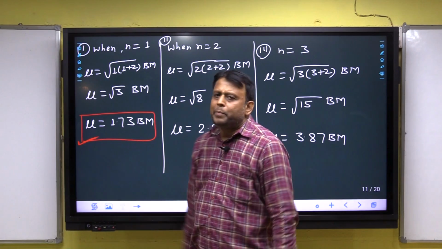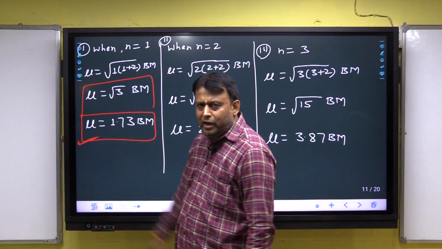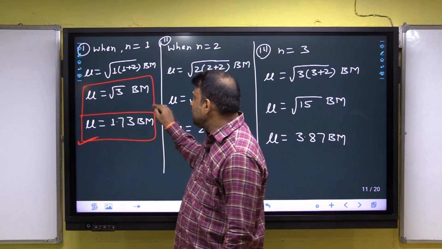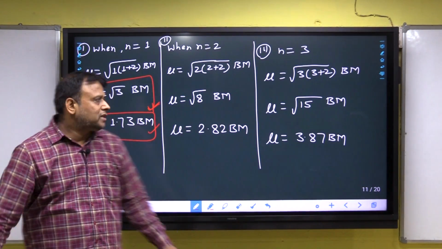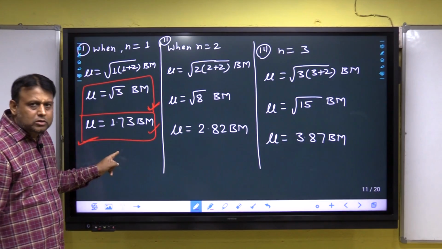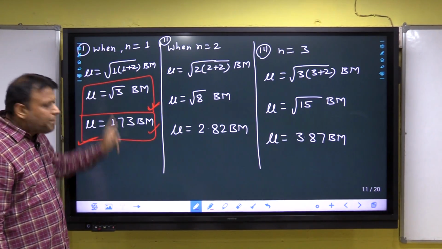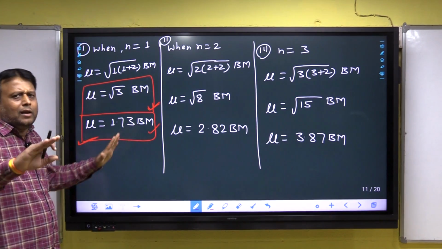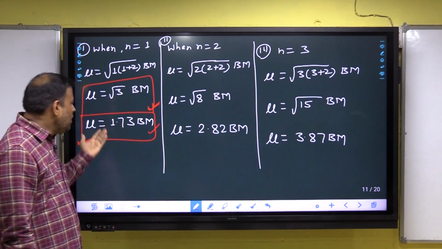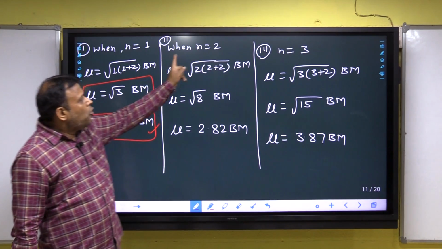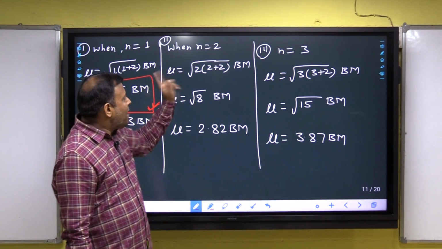Always keep in mind both values: root under 3 and 1.73. When the number of unpaired electrons is 1, magnetic moment is root under 3 BM, that is 1.73.